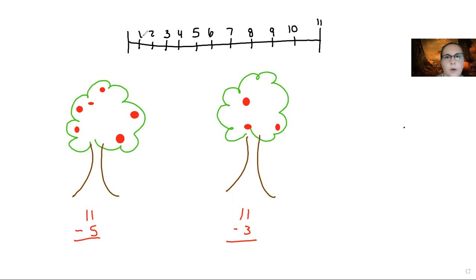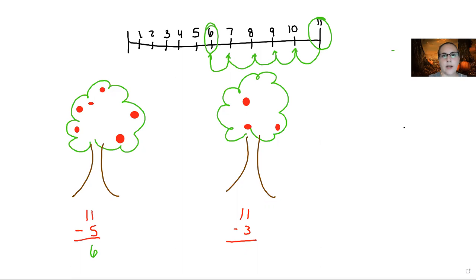So I'm at 11 and I'm taking away 5. So again, I'm going to start here at 11 and I'm going to go back 1, 2, 3, 4, 5. 11 take away 5 gives us an answer of 6.